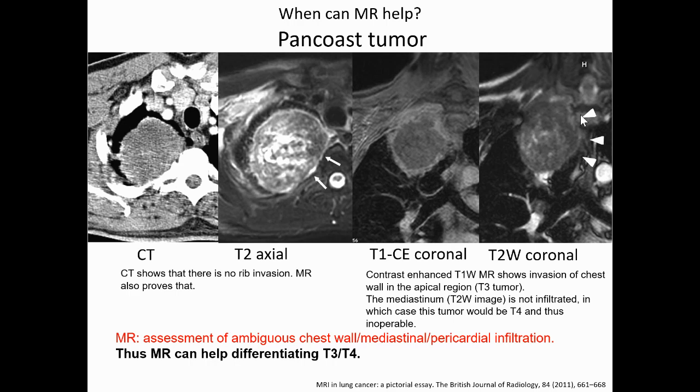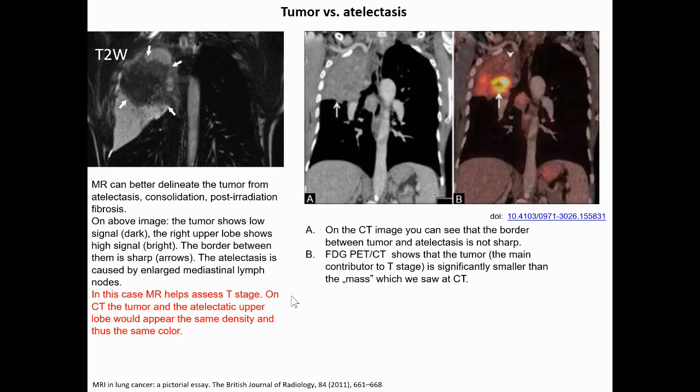And on the very far right image, you can see that the cancer doesn't invade the mediastinum, in which case this would be a T4 cancer and thus inoperable. So MR really helps us in differentiating a T3 and a T4 type of cancer.